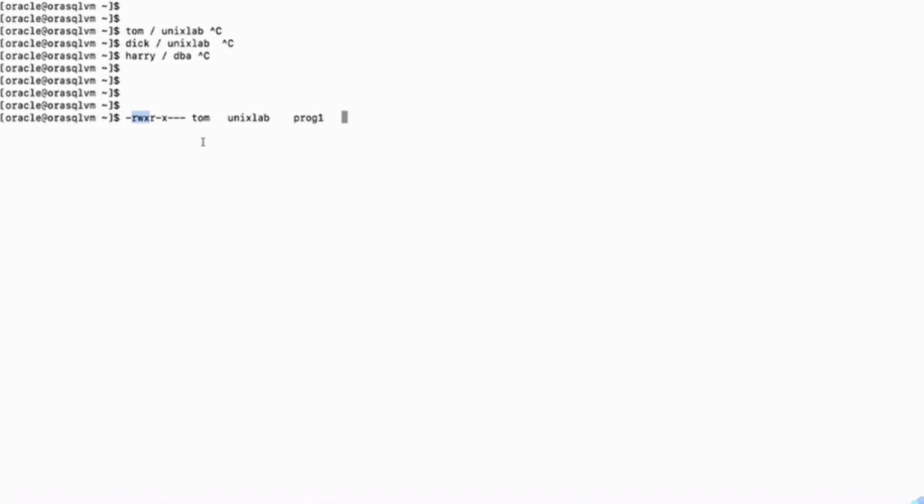Now apart from Tom, anybody who is a member of unixlab group has read, no write, but execute permission. So who does that mean? Whosoever is a member of unixlab group can read and execute but cannot modify the file, cannot write into that file. One such person qualifies on that list, and that is user Dick, because he also happens to be a member of unixlab group.